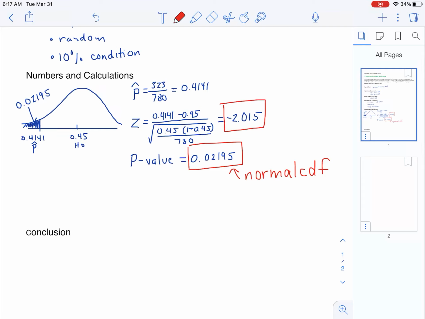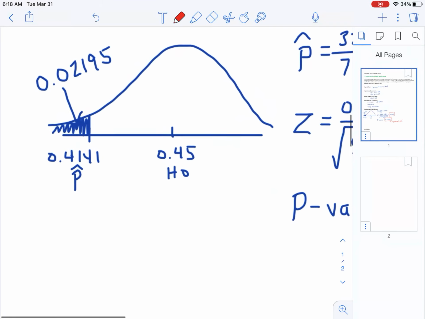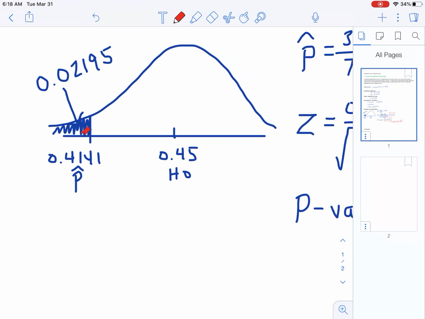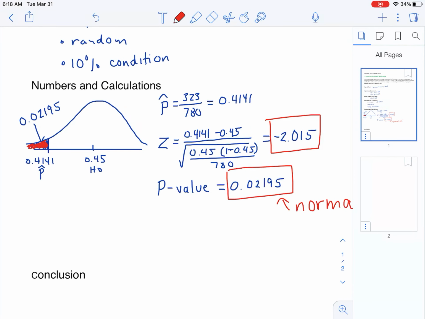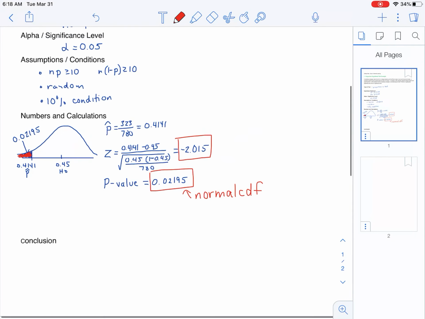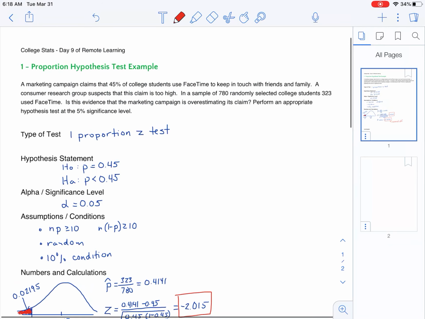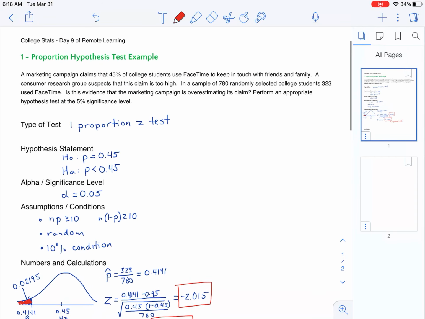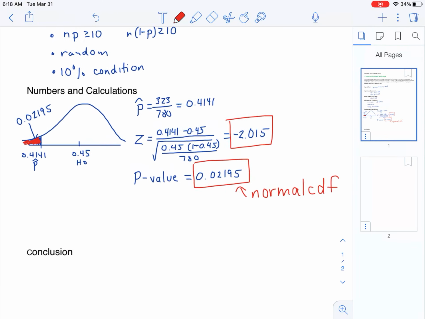If you don't have a calculator, you're going to have to Google normal curve calculator. What this p-value tells you is that this area under the curve over here is about 2.2%.